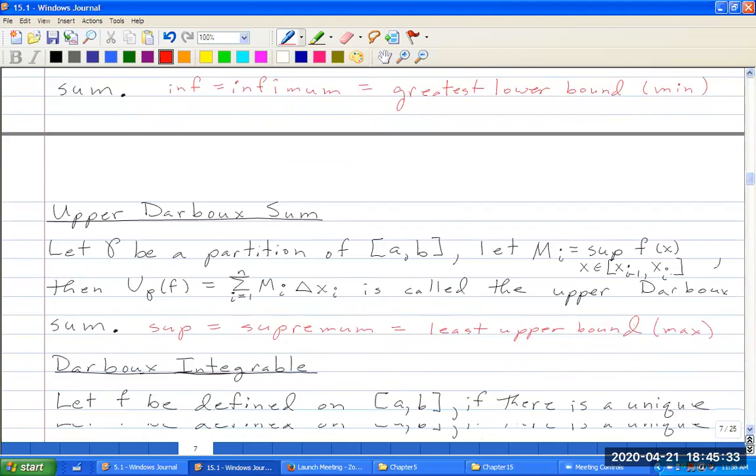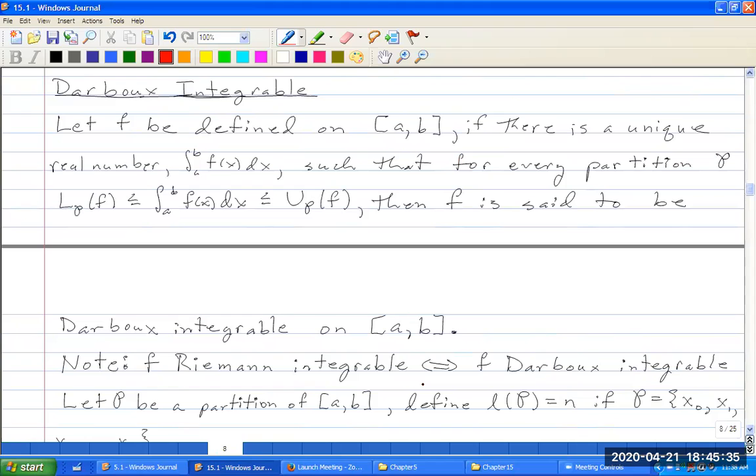Okay, so Darboux integrability. Let f be defined on the closed interval AB.